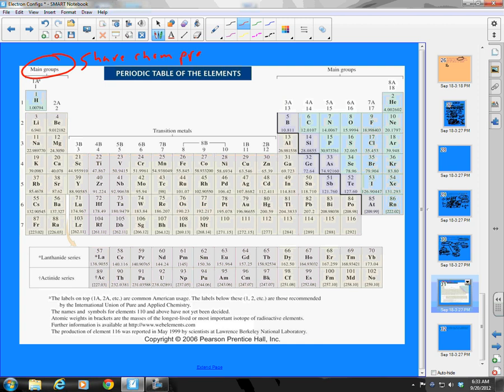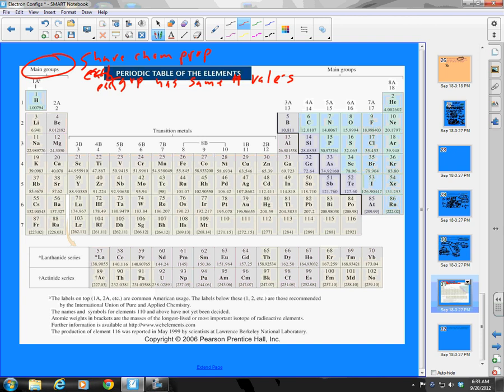And the reason they share chemical properties is because, for the most part, each group has the same number of valence electrons. Now, when you get to the D and F block, you'll find that it's not quite true, that they vary a little more, but for the main group elements, that's true.